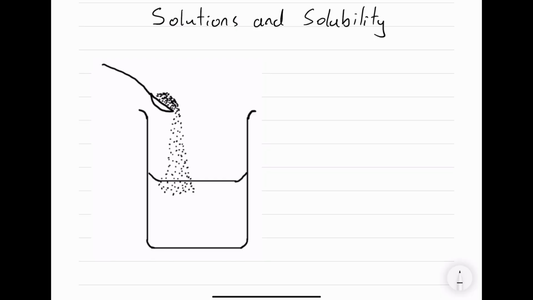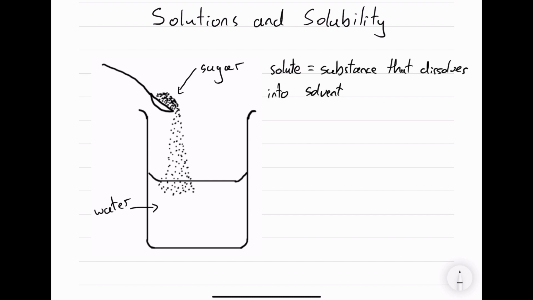In this video we're going to look at solutions and solubility. In the image you can see sugar being added to water. The crystals of sugar appear to disappear in the water as they dissolve, which means the sugar is forming a solution. In this example, the sugar is the solute, and the water is the solvent.